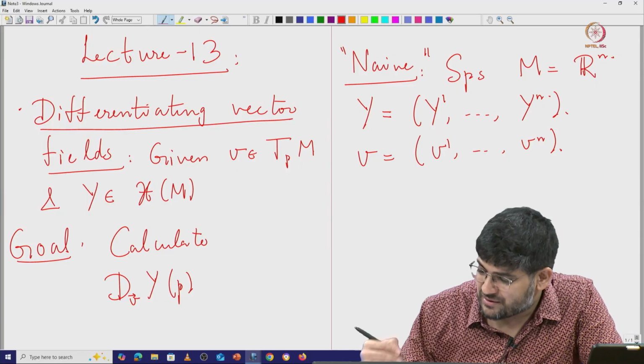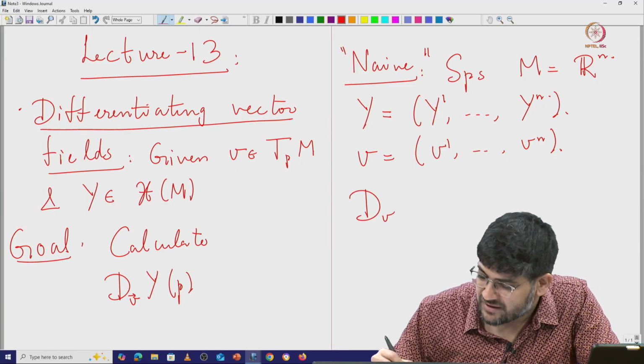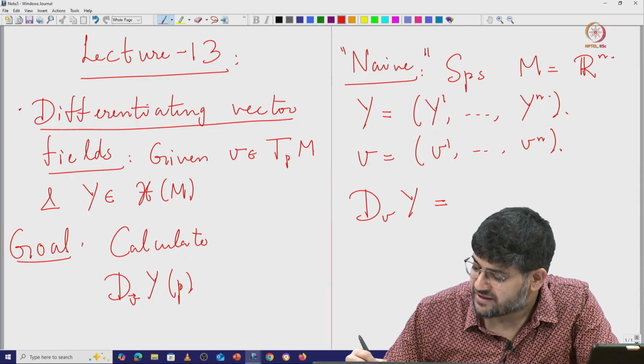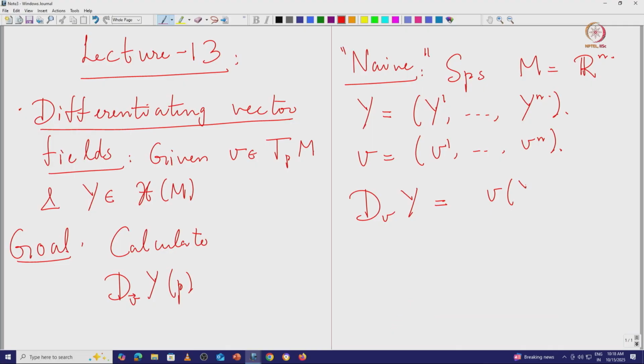Then a naive definition would be that this should just be the componentwise derivative. So calculate the directional derivative of the kth component and multiply that by the standard kth tangent vector, right. So this would be the naive definition. In fact, this works in R^n.